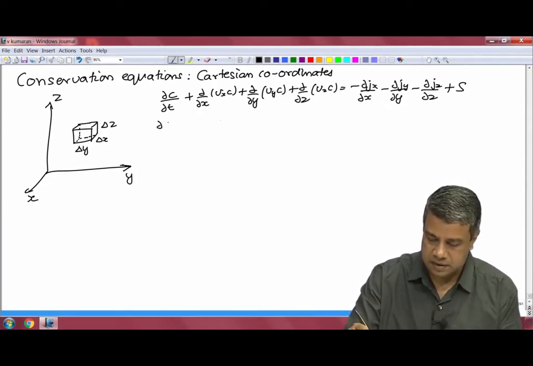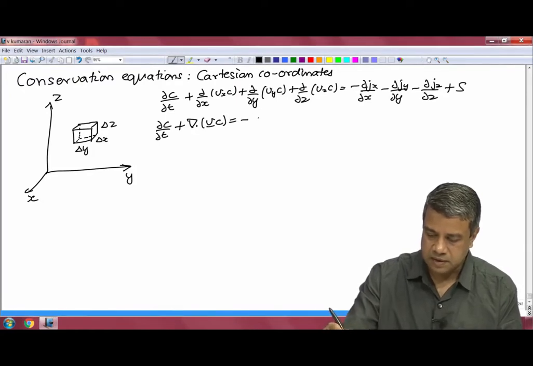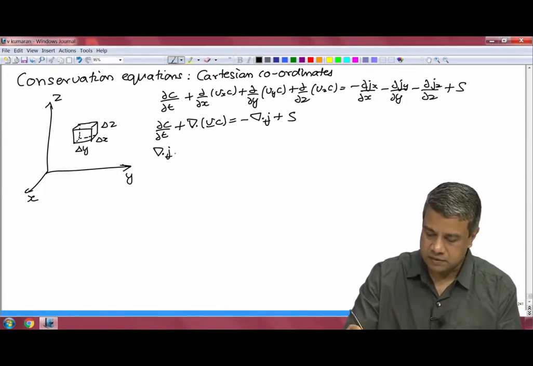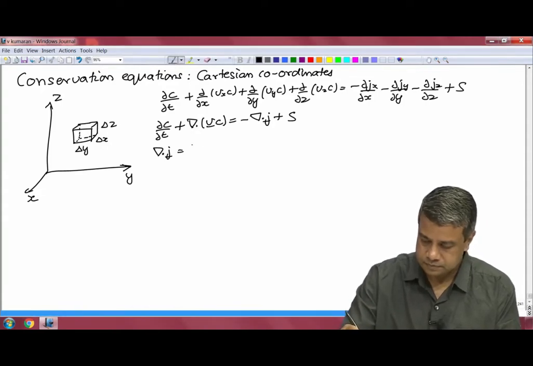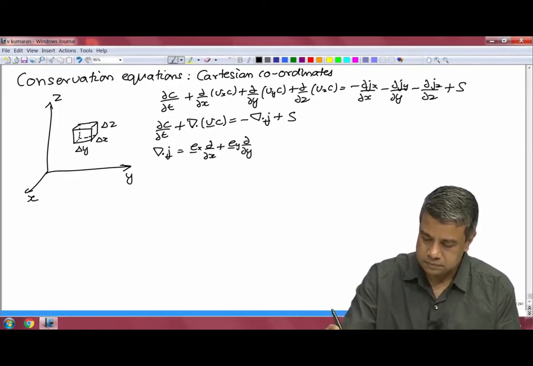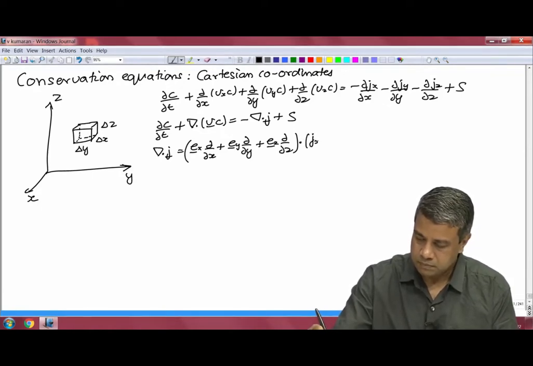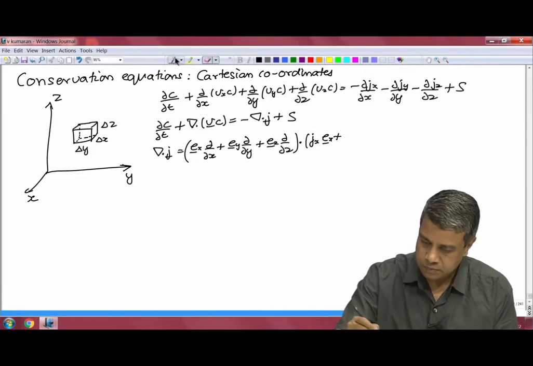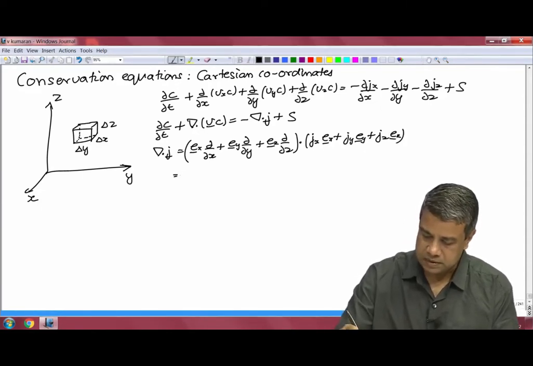and we saw that this can also be written as partial c by partial t plus the divergence of v times c is equal to minus the divergence of j plus s, where the divergence dotted with a vector was equal to partial c by partial x.